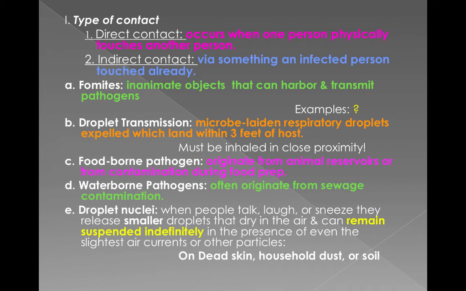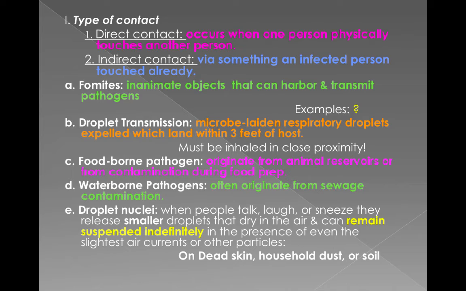Now, in terms of the type of transmission that we might see with a pathogen or with a disease, that's going to be dependent on the type of contact. So you could have direct contact with a pathogen where one person physically touches another person. You might have indirect contact via something an infected person already touched.